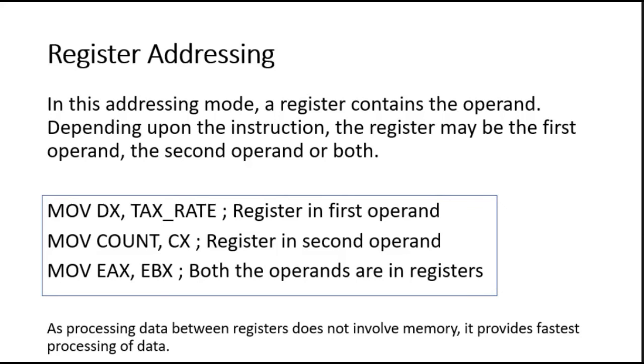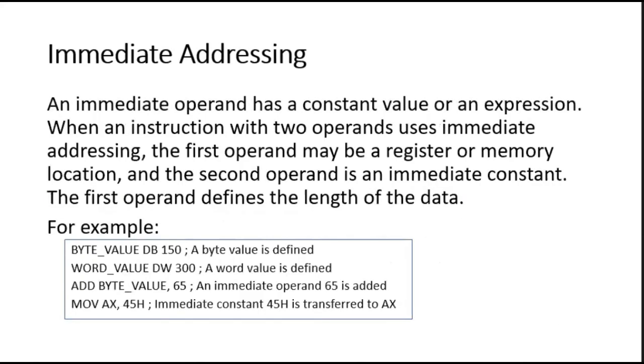Do you understand? Now, immediate addressing. An immediate operand has a constant value or an expression. And when an instruction with two operands uses immediate addressing, the first operand may be a register or a memory location.